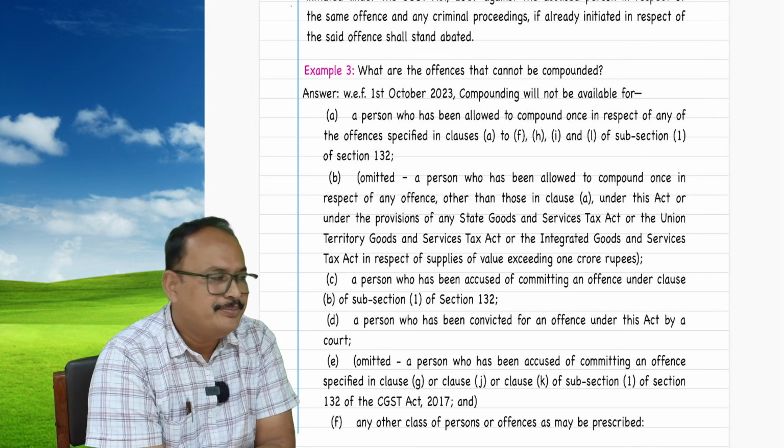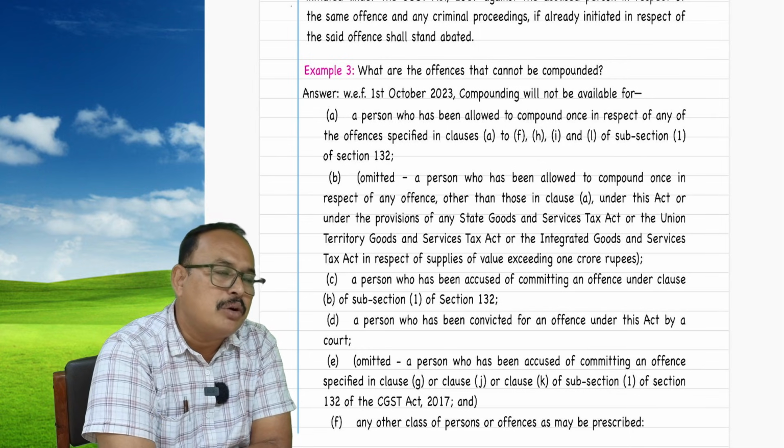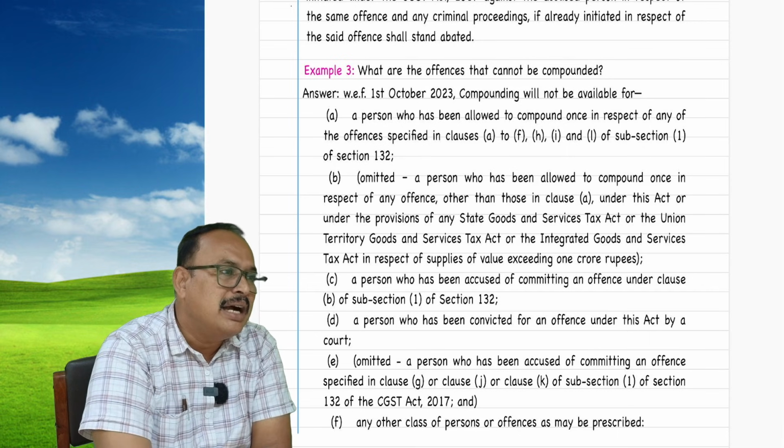Is it clear? Here, the minimum compounding amount is 25% of the tax amount, and the maximum is 100% of the tax amount.